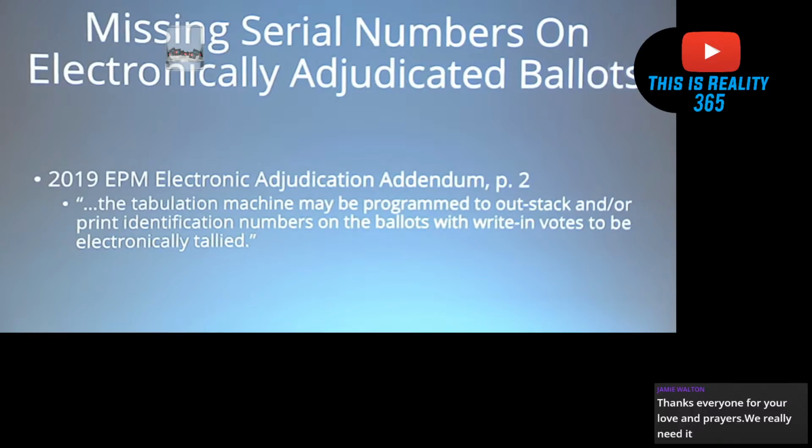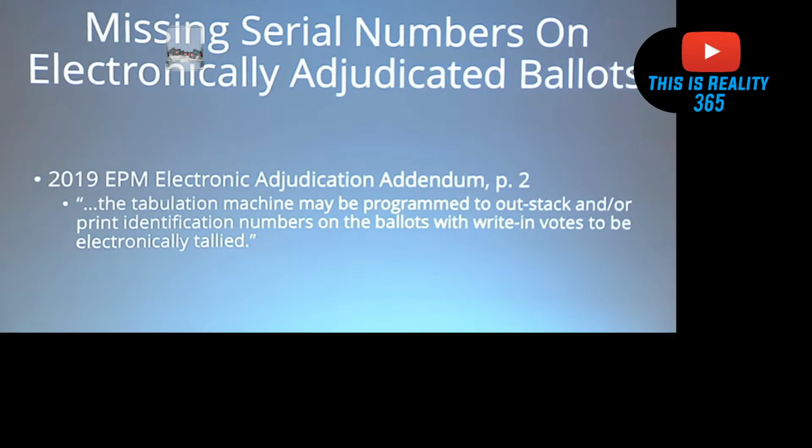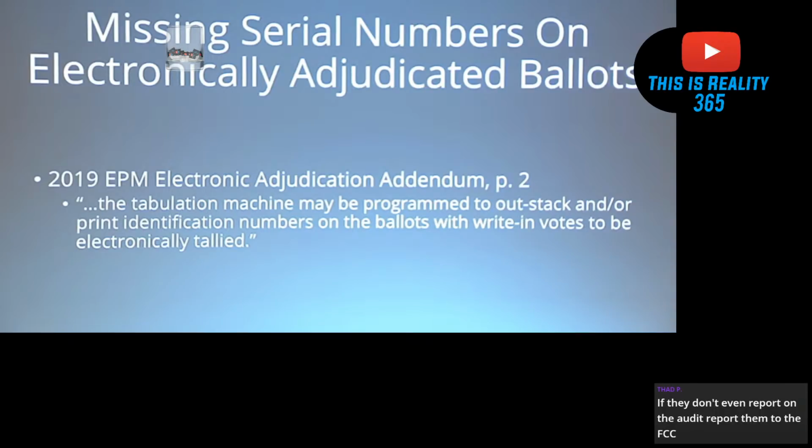This process is often known as adjudication. Maricopa's system, Dominion, does not use an outstack method, but it does not appear that these identification numbers were printed on the electronically adjudicated ballots as required by this part of the procedures manual.